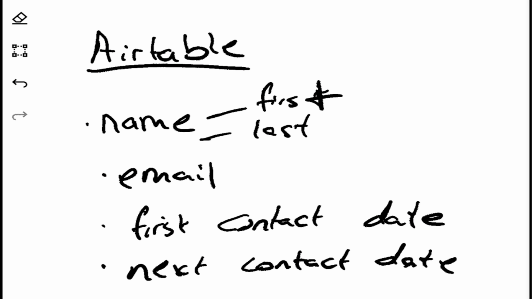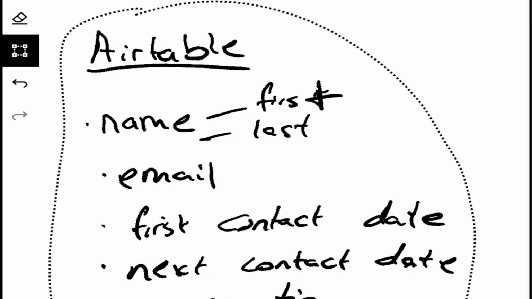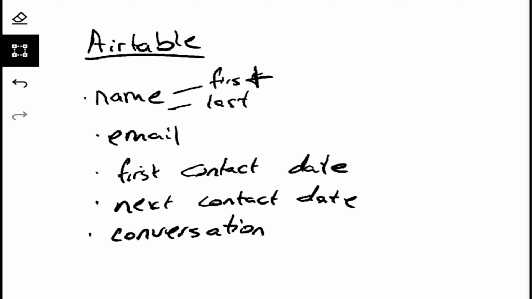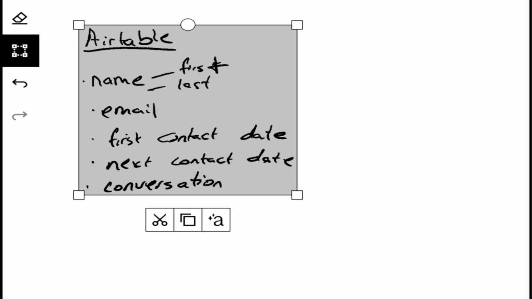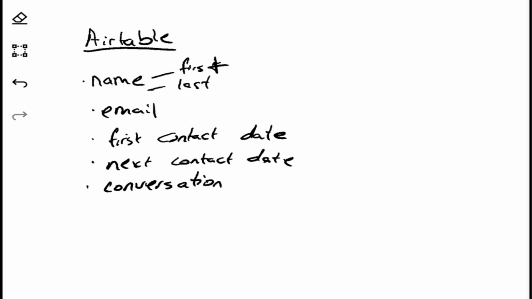So I think we would have a field called conversation, which will be an updated list. Again, I'm realizing that I'm sharing this in the wrong aspect ratio, so let's make this smaller. So name, first, last. We have the email, the first contact date, next contact date, and the conversation.